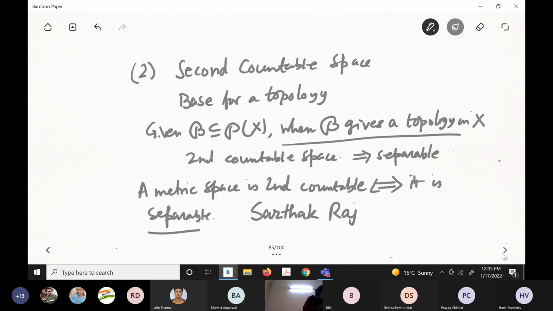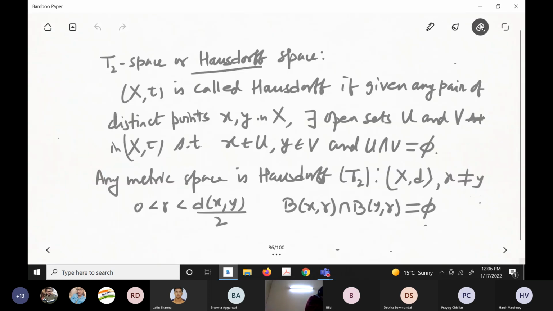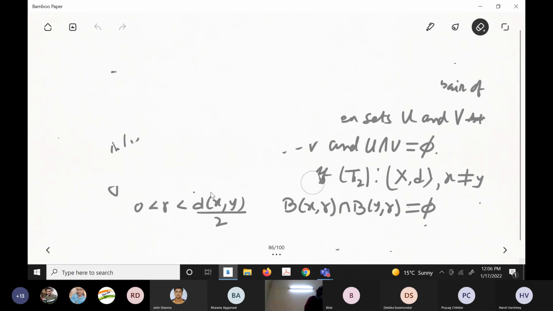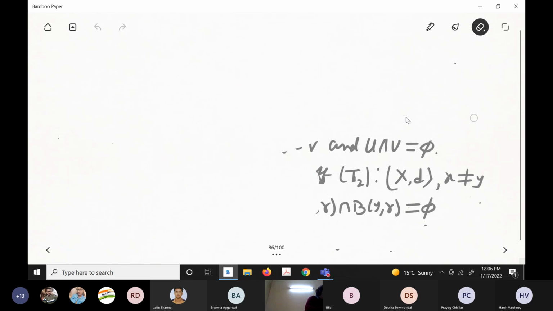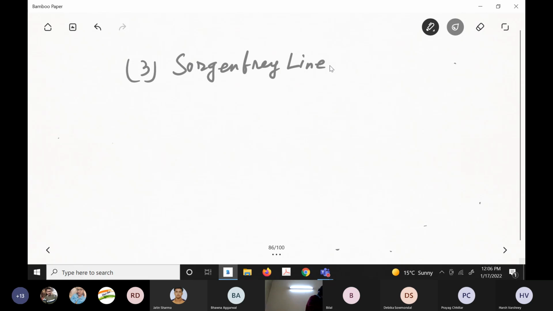Okay. Now I'm giving particularly the third one, Sorgenfrey line. Sorgenfrey line is often also written with the notation R_L, where L stands for lower limit topology. So first you will define the topology.